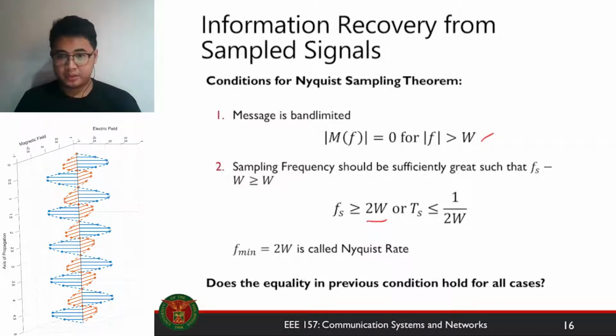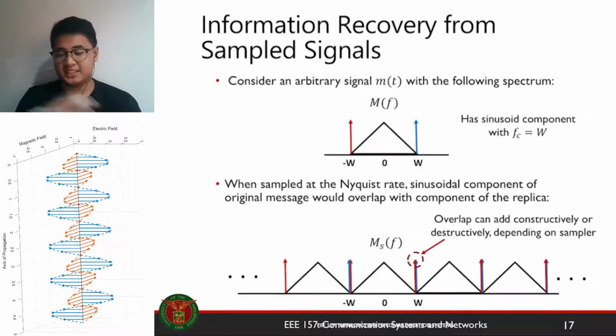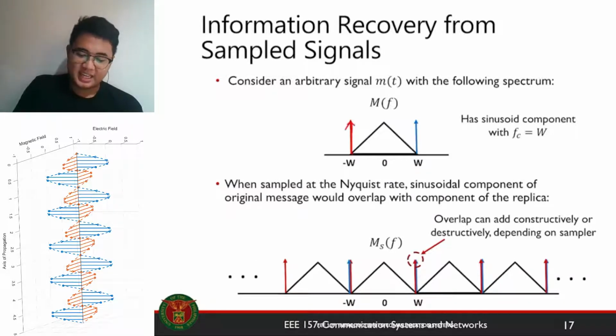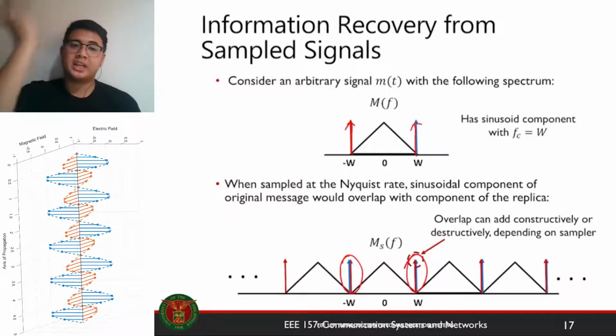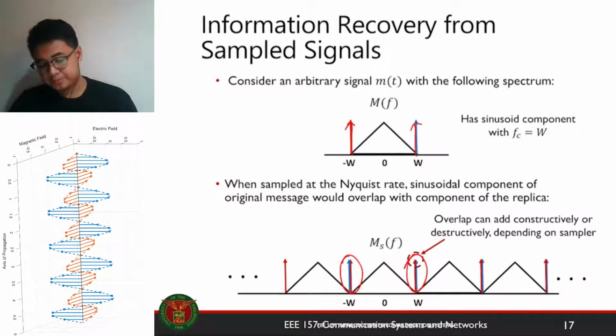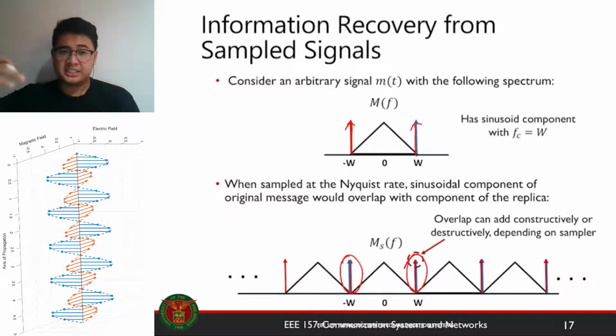Okay? So the equality doesn't hold for all cases. Spoiler. And this is how it doesn't work. If you have a sinusoid exactly at negative omega and positive omega, and you try to sample it using exactly that sampling rate, these two components, the one at negative W and positive W, will overlap with each other.